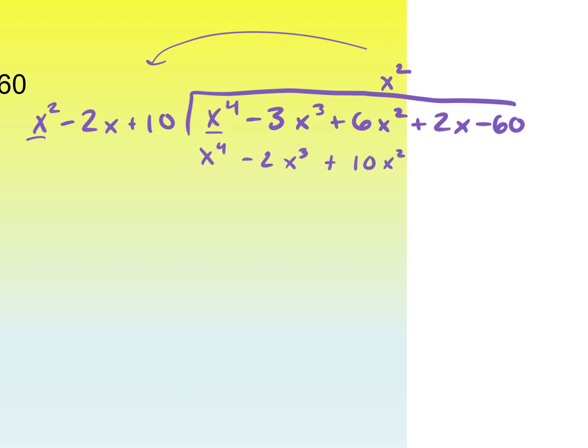What do we do next? Change the signs and combine. So x to the 4th power cancels. This would be negative x cubed minus 4x squared. Then we divide again. What's negative x cubed divided by x squared?